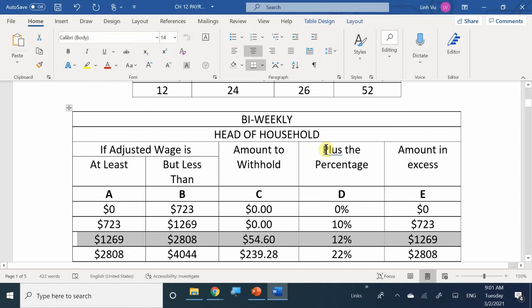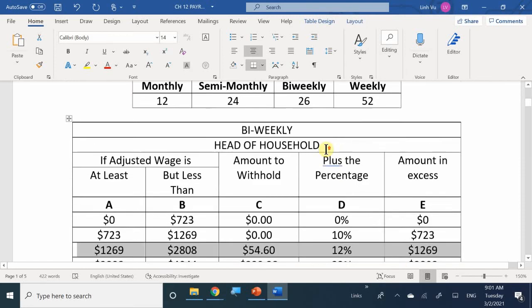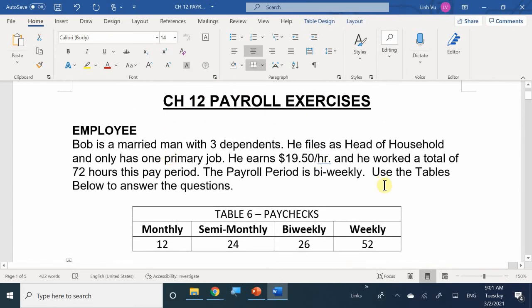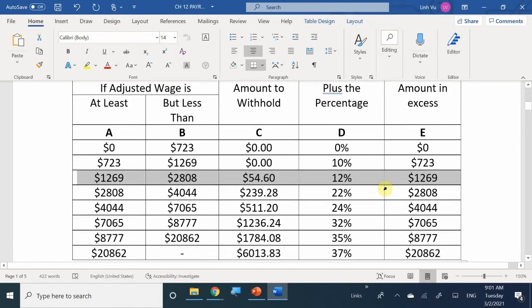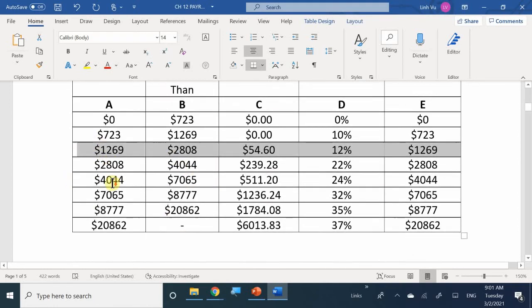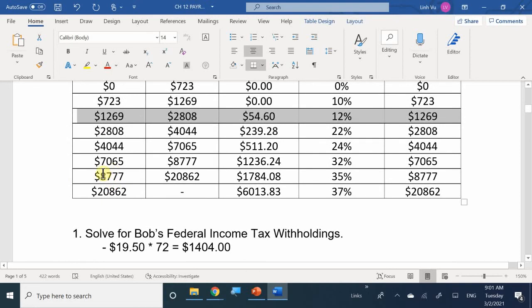Okay, so these numbers are slightly different. Even though he's married, he claimed himself as head of household. So in this case, we highlight this section here because he made over $1,269. However, he did not make more than $2,808.